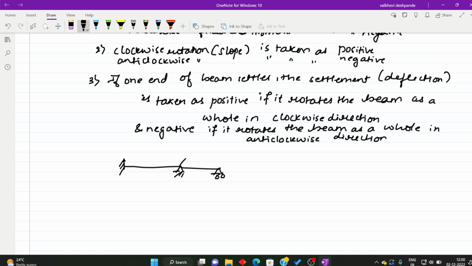Here there is settlement or sinking or deflection, called delta. At the fixed end there will be no sinking.